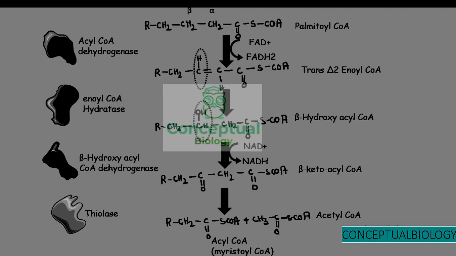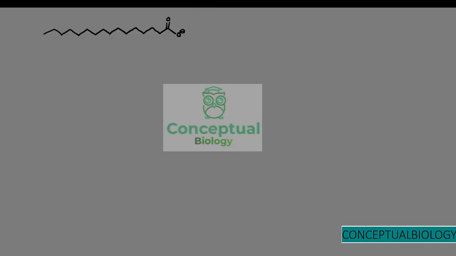Now, look at the beta carbon, how at different stages there are changes in the groups associated with the beta carbon, right? So that is why it is the beta oxidation of fatty acid. So let's assume this is the 16 carbon palmitoyl CoA or palmitic acid.